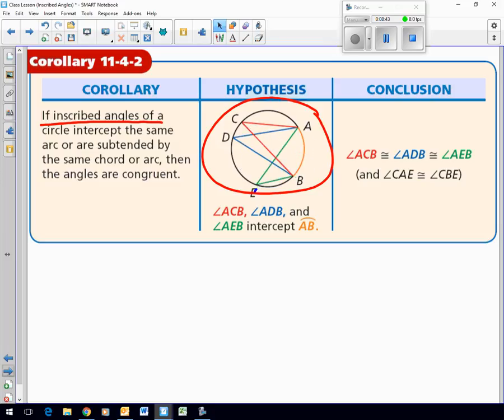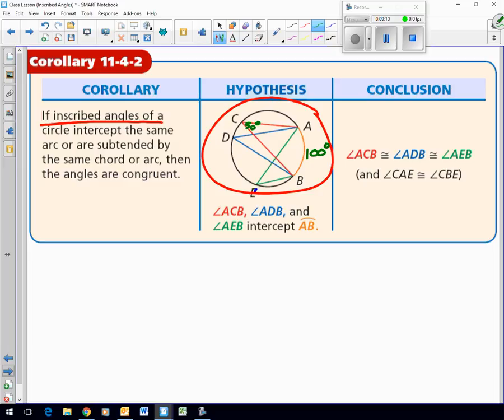With that in mind, think about this. If I told you that AB was 100 degrees, take it case by case. Is ACB an inscribed angle? Are inscribed angles 1/2 of the intercepted arc? That means that angle C is 50, right?